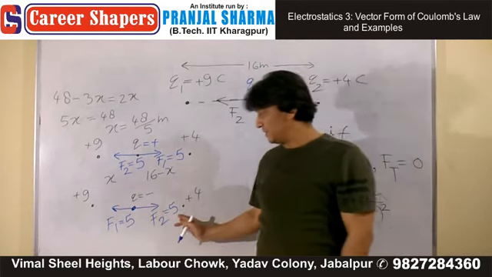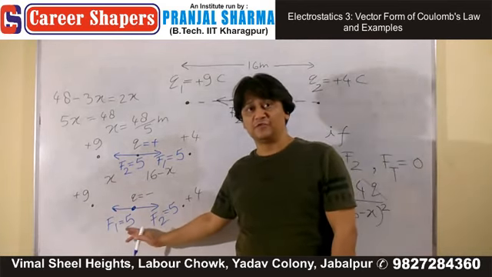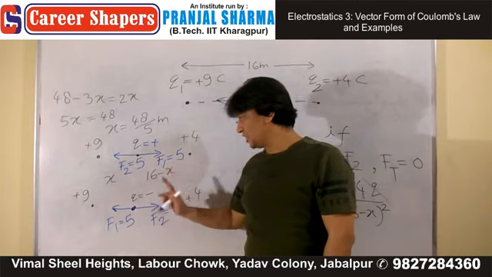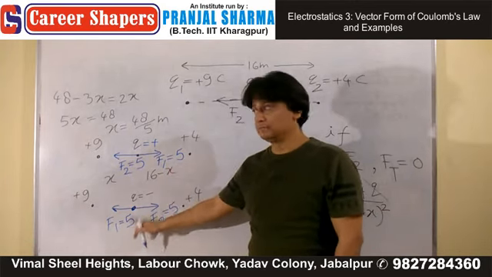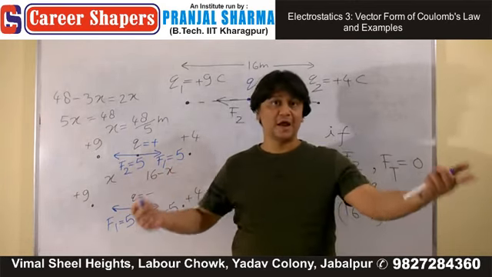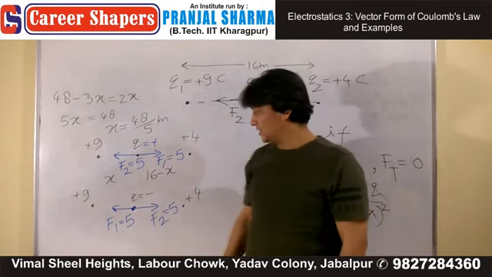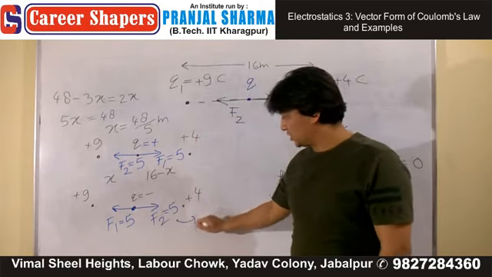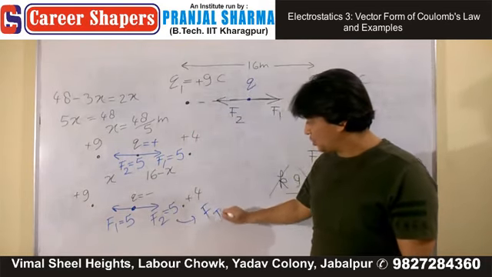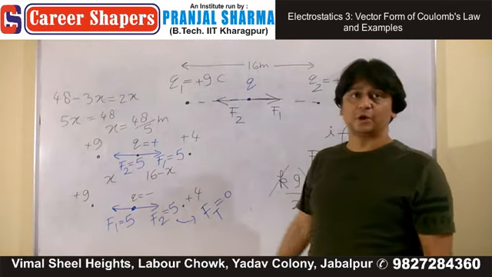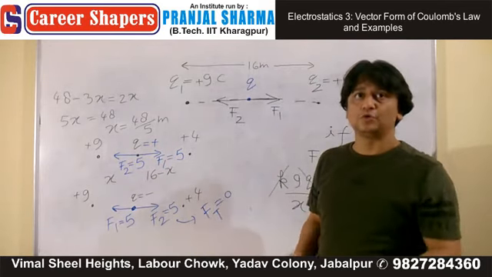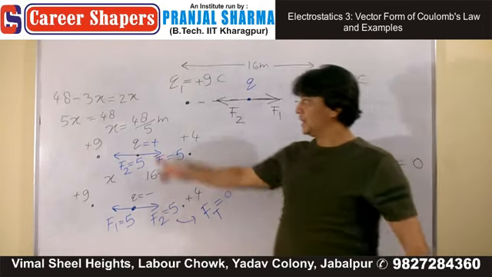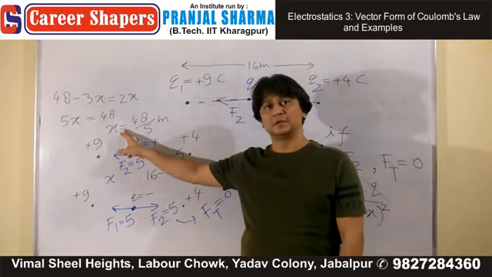Nothing. 5 is always going to cancel 5. You have just changed the direction of this 5. But they again are 5 and 5. And therefore, even in this situation, your F total will be 0, and there will be no change in your final answer.